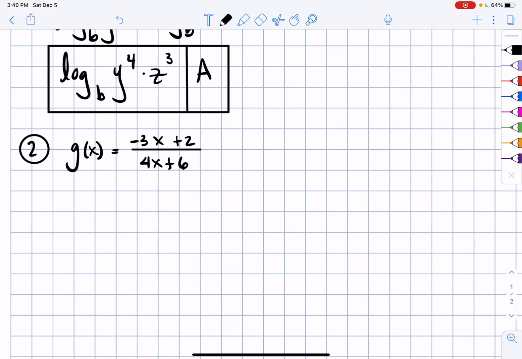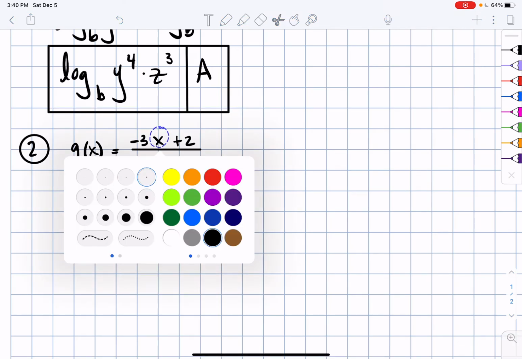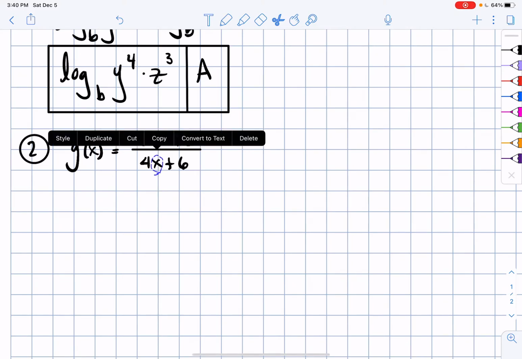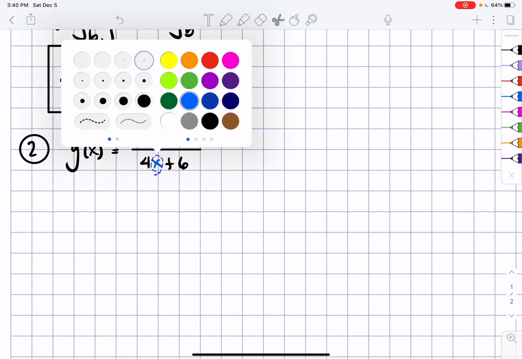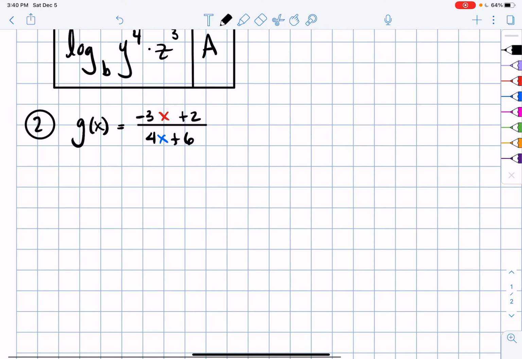Okay, so since the highest power on top and the highest power on the bottom have the same powers, right? So let me break this down.